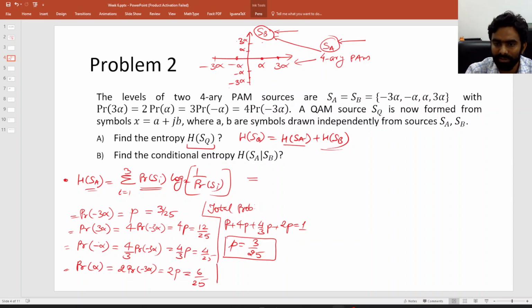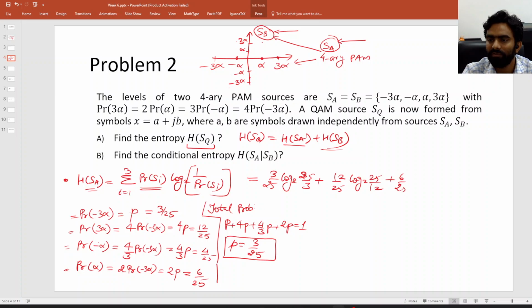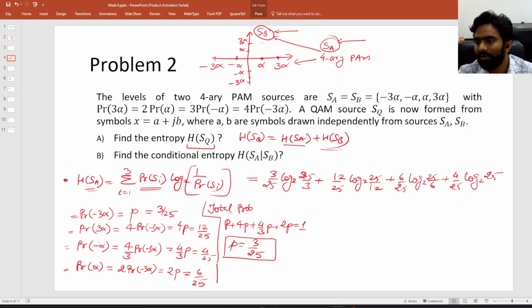So by putting these values, I will directly write the answer. First I will write the formula: 1 by 3 log 2 of 25 by 3, plus 12 by 25 log 2 of 25 by 12, plus 6 by 25 log 2 of 25 by 6, plus, and one more remaining, 4 by 25 log 2 of 25 by 4.